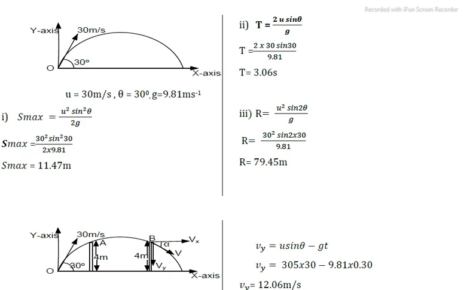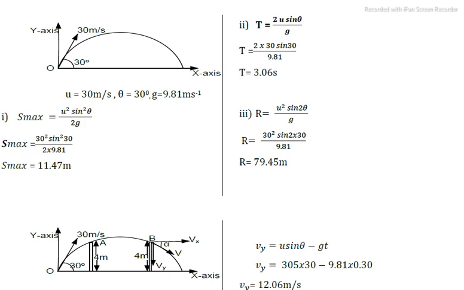Therefore, the time of flight will be 4. So that is how we get the time of flight. We consider to and from. If we get the time from going up, we automatically multiply that by 2 to get the total time of flight. So when we substitute in that, we shall get the time as 3.06 seconds.